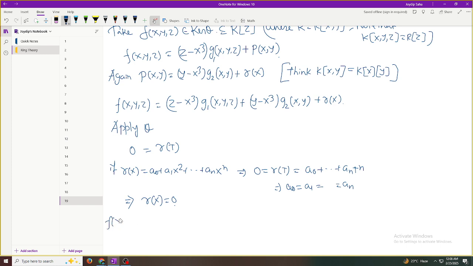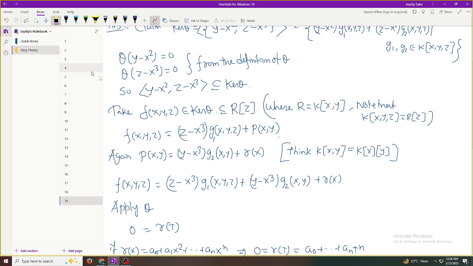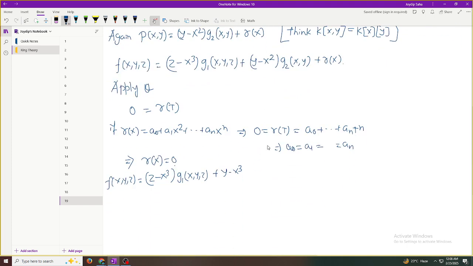So f(x,y,z) equals z minus x cube times g1(x,y,z), and y minus x cube, sorry, that is y minus x square, I think, y minus x square, otherwise it will not be 0, right?